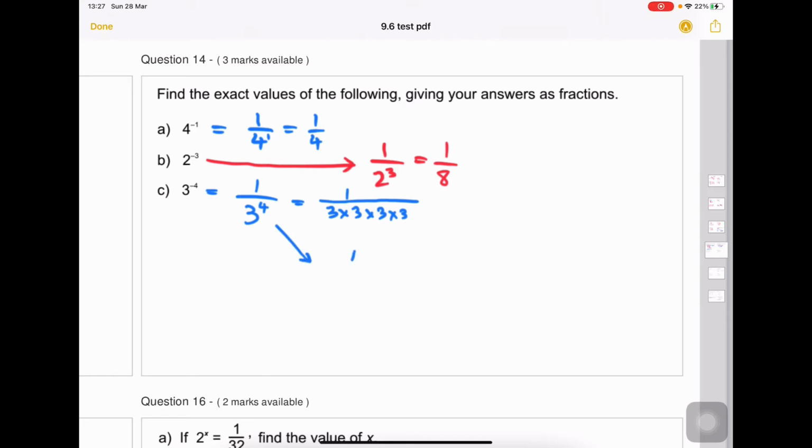So I'm going to write it like this: 1 over 3 squared squared, because 2 times 2 is 4. So I know that this is the same as 1 over 9 squared. And I'm going to do 9 times 9. I can do that in my head, which is 81.